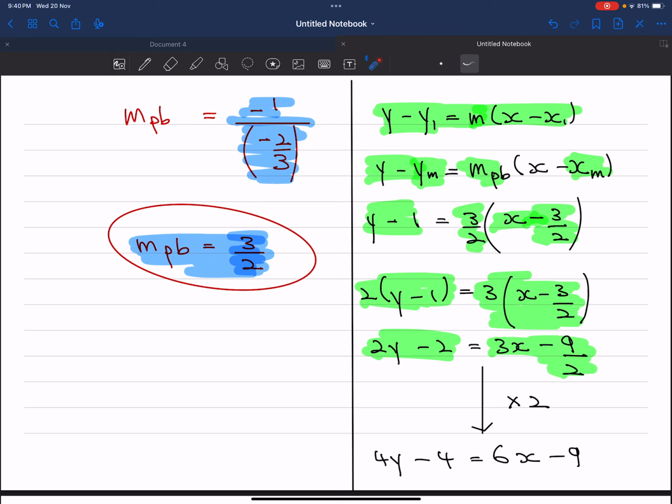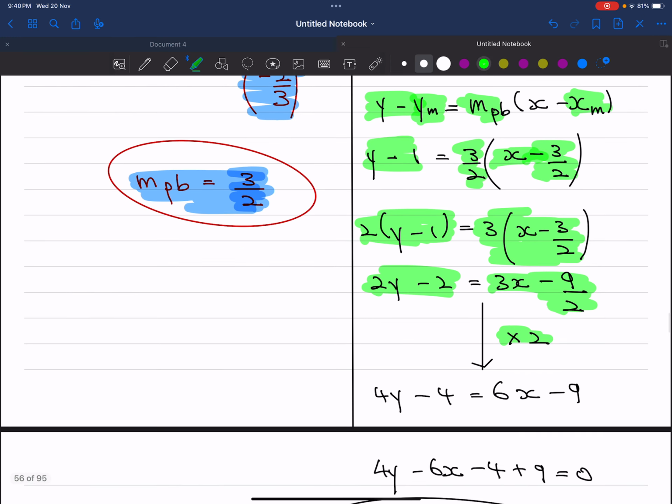I do one fraction, so each term I'm going to times by 2. So 2y times 2, I get 4y. 2 times 2, I get 4. 3x times 2, I'm going to get 6x. And 9 over 2 times 2, the 2 will cancel, I get 9. So finally, I have 4y minus 4 equals 6x minus 9.